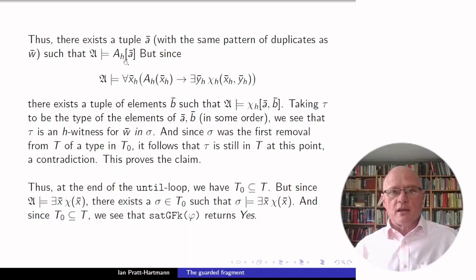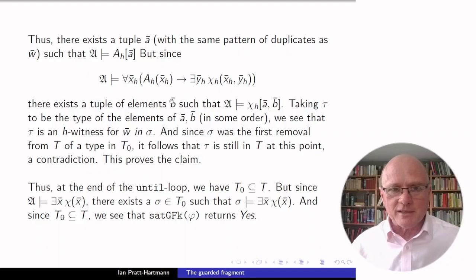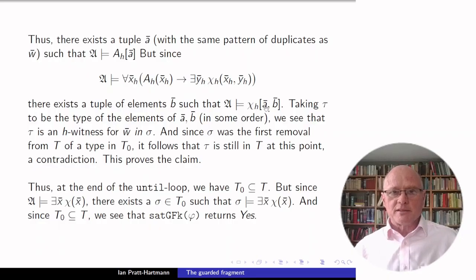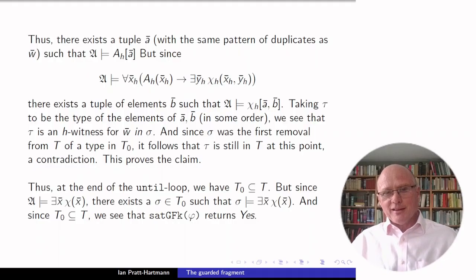But since the model A makes all the witness constraints true, there'll be a witness, right? There'll be a tuple of elements b bar, such that a bar b bar satisfies the formula in the consequent of the witness requirement. Now take tau to be the type of elements a bar b bar in some order. And it's therefore easy to see that tau is going to be an h witness for w bar in the type sigma. So w bar will have a witness, contrary to supposition.